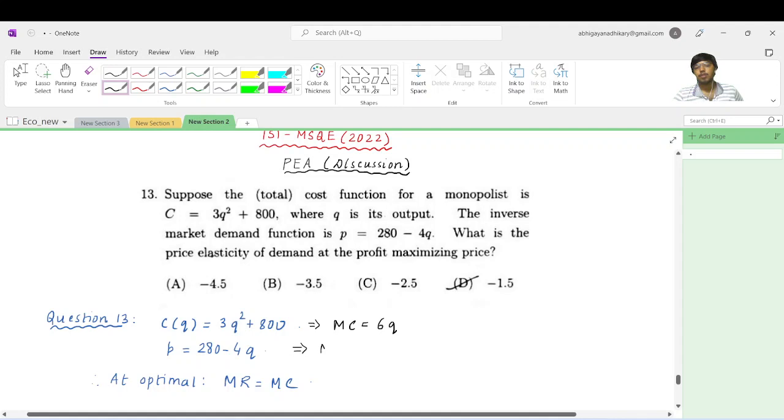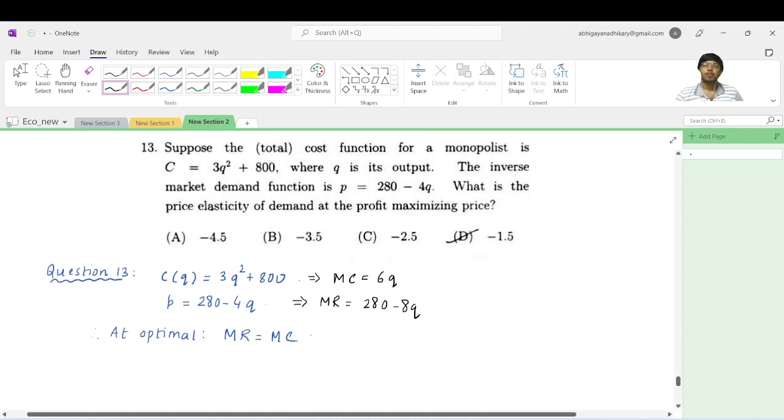And given the inverse demand function, what is the MR? It is 280 minus 8Q. So at equilibrium, MR equals MC. So 280 minus 8Q equals 6Q. So 280 equals 14Q. That means Q star is equal to 20.